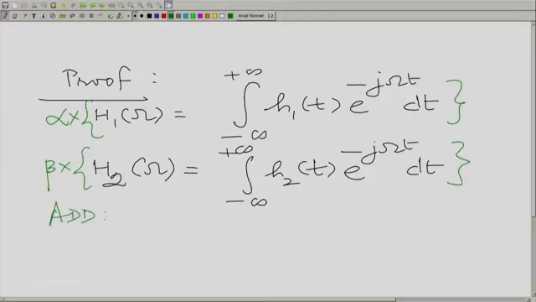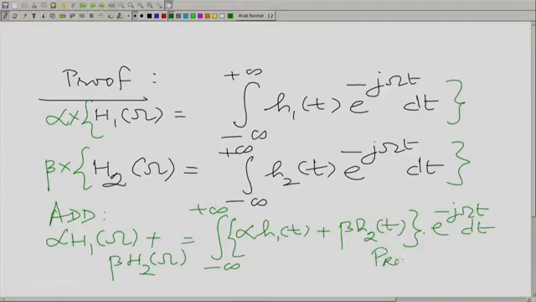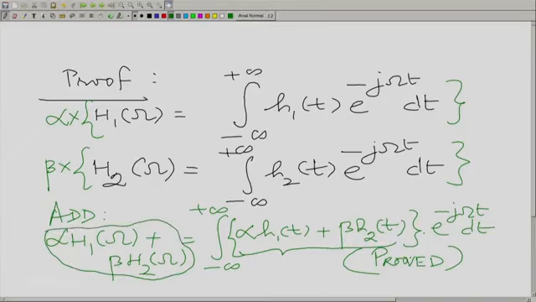When we add it, we will get alpha times H1 omega plus beta times H2 omega is the integral from minus to plus infinity. Remember, you can take the constants inside and combine them, and this essentially proves the property, because as you see, the Fourier transform of alpha times h1(t) plus beta times h2(t) is indeed equal to the same linear combination of H1 omega and H2 omega.